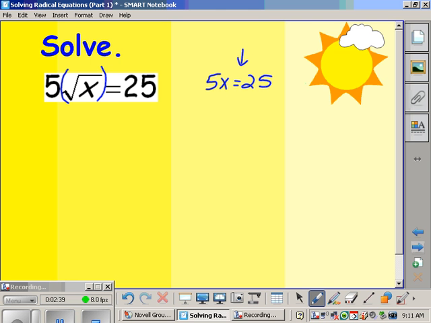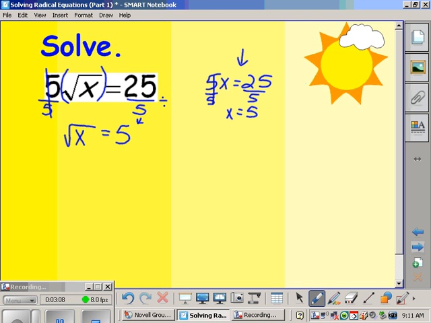So in this equation, if you were to isolate the x, you simply divide by 5, and x would be 5. In this radical equation, in the same way, to isolate the radical, because the 5 is being multiplied by the radical, you're going to divide it and move it over to the right, eliminating the 5 from the left, so you only have radical x, and then 25 divided by 5 is 5.